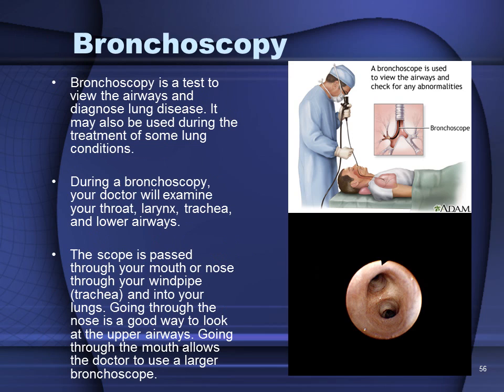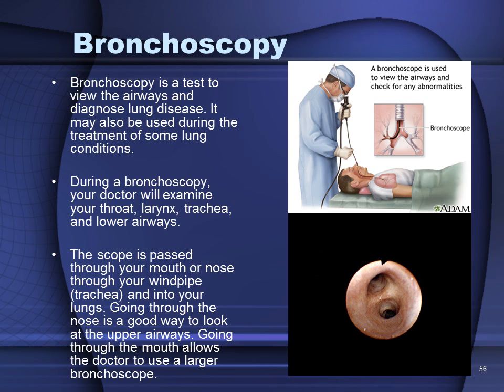Bronchoscopy is a technique that is used to view the airways and in some cases diagnose lung disease. In some instances, it may also be used during the treatment of some lung conditions. During bronchoscopy, the physician will insert a tube with a camera into the throat, the trachea, and the bronchial tree.